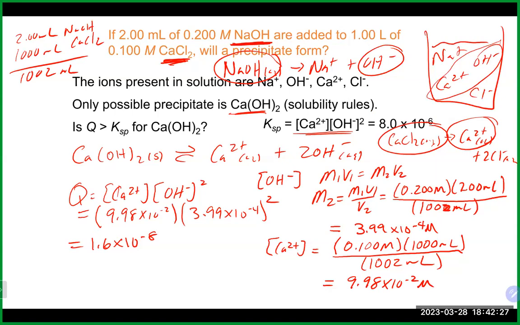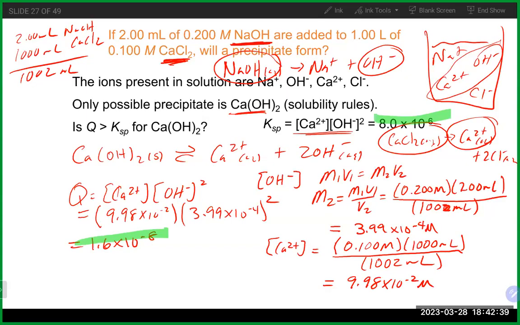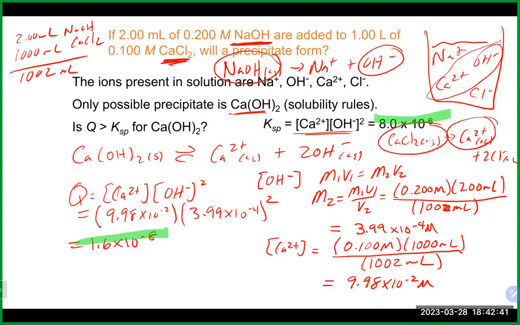So at this point, what we want to do is take our Q value, take our Ksp value, which was given to us in this case. If not, we would look it up, obviously, in a table if necessary to do so. And we want to compare them. So in this particular case, our Q value versus our Ksp, is our Q value less than or greater than? It is less than, right?